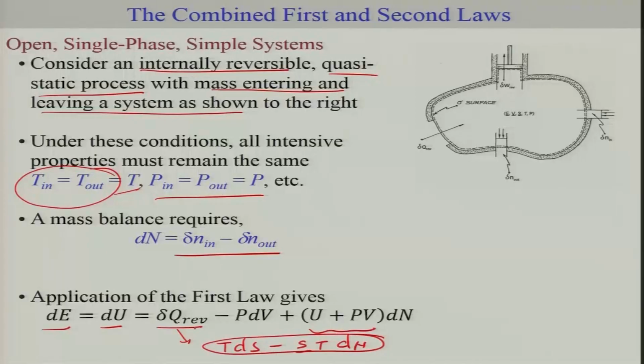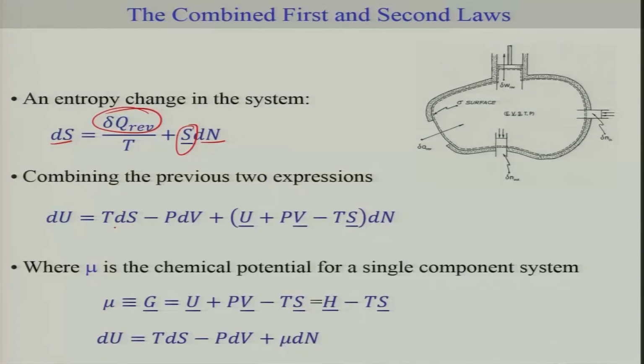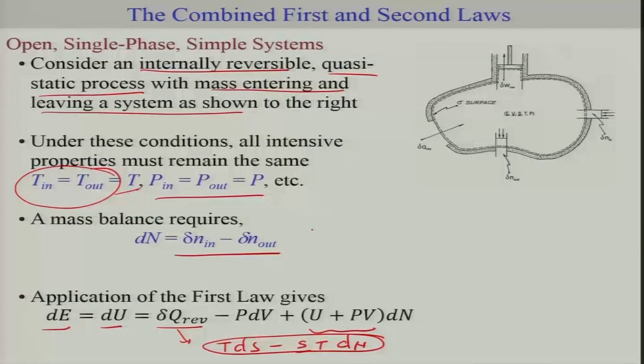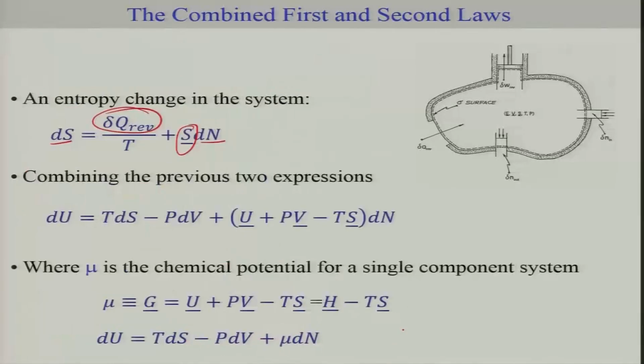So, this is nothing but delta Q reversible. Now, if you plug in this, the TdS comes here, and we can take the minus T s dN in this part. So, this combined expression is now TdS minus PdV plus the molar internal energy plus P times molar volume, minus the molar entropy multiplied by T, and then the whole expression is multiplied by dN.